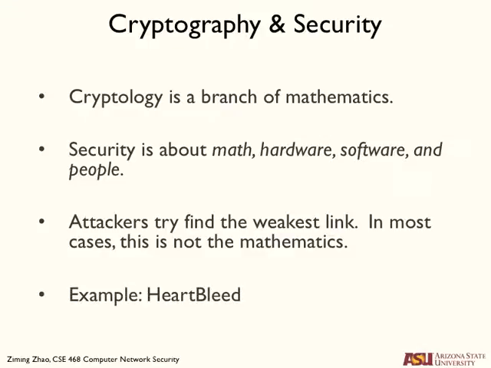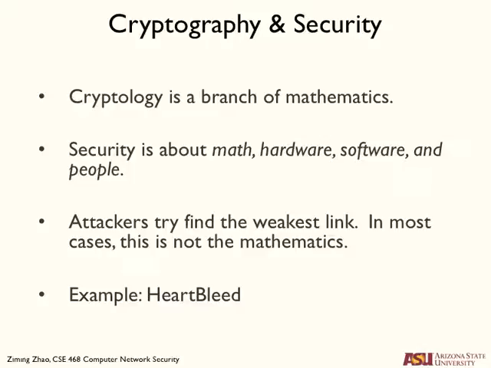We talked about the Heartbleed attack before. There was a bug in the OpenSSL library, which is an open source implementation of TLS and SSL. By using that bug, remote attackers can do a buffer over-read.